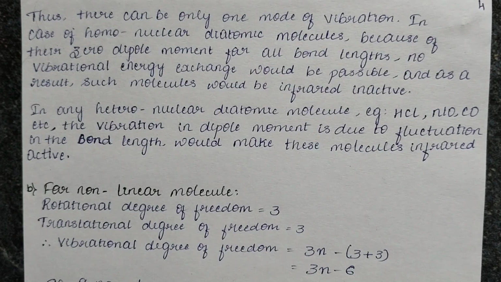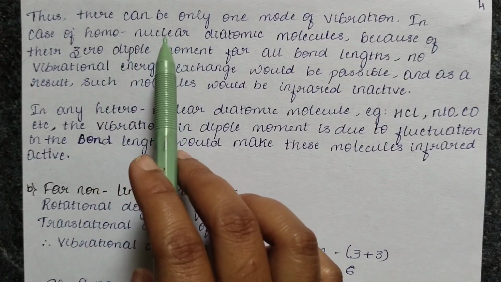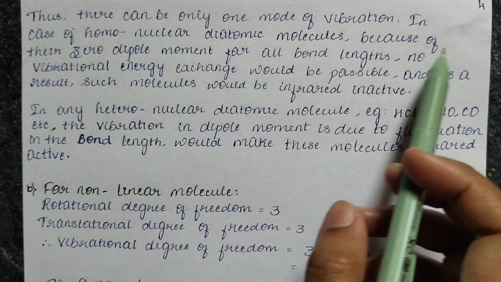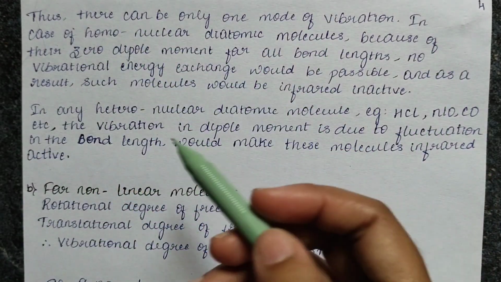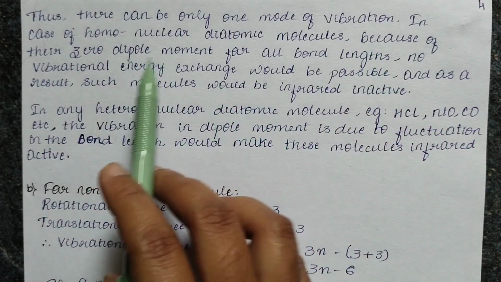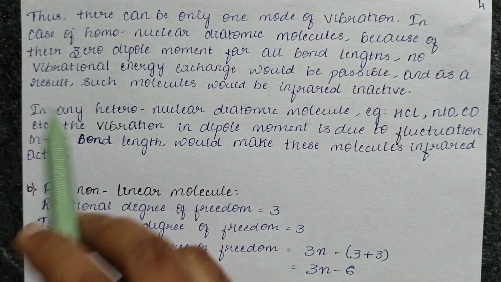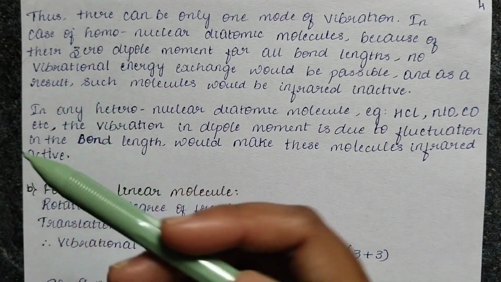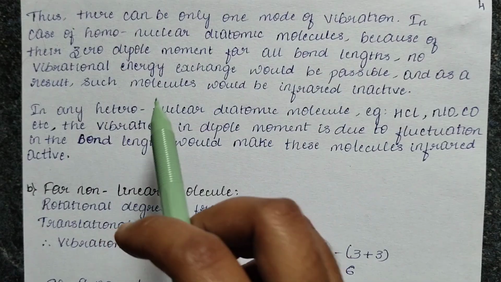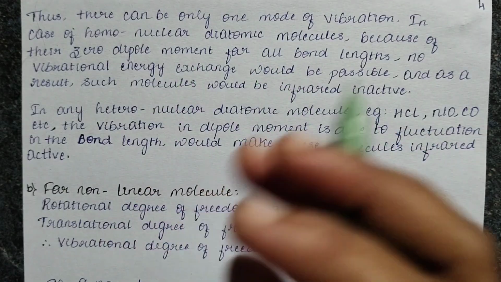A homonuclear molecule is one where the same kind of atoms are present, for example H2, N2, O2. Since the same type of atoms are present in the molecule, obviously their dipole moment will be zero. And we have seen that for any kind of vibrational spectra, to possess vibrational energy, we need a dipole moment when there is compression or extension of the bond.